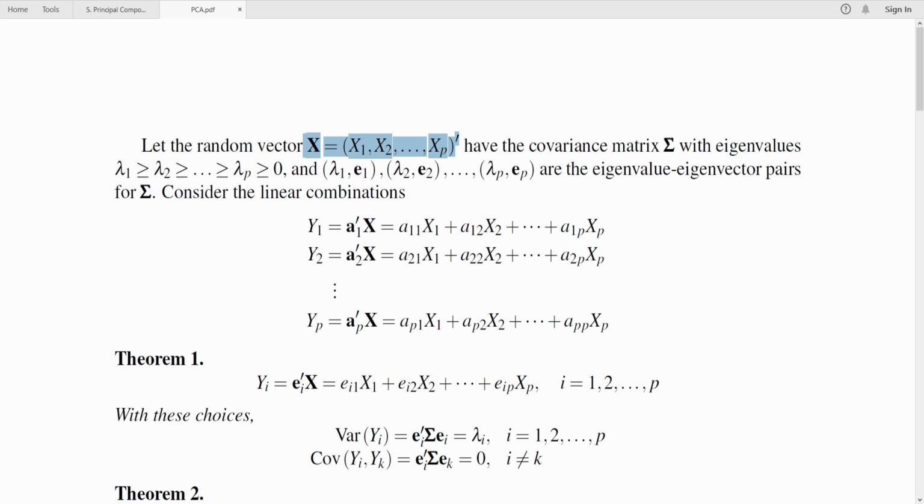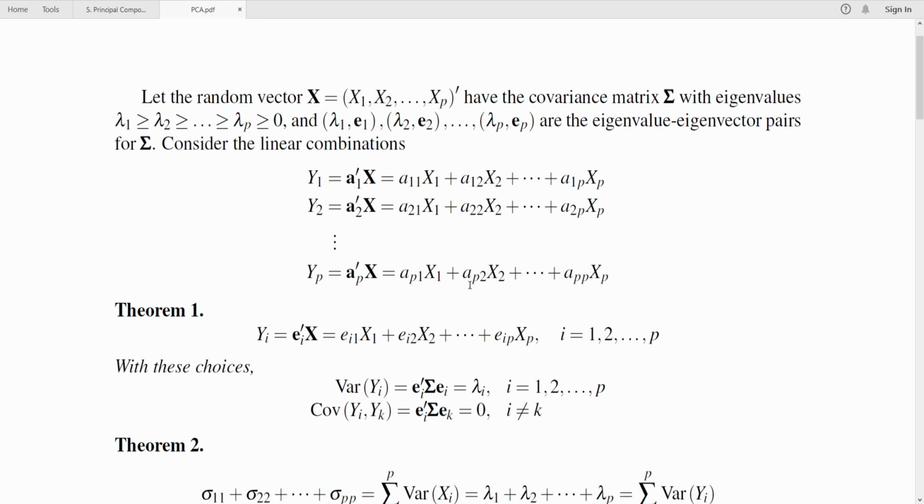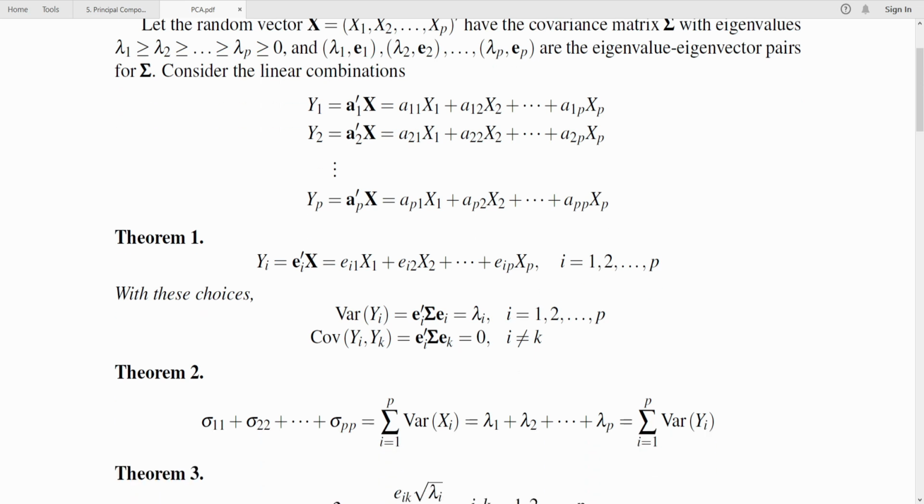For example, if you remember the ellipsoids, how they look, and the vectors that we wrote, we had 3 cases in one of our examples. You can look at that example again and see how we actually transform the coordinate system from our p variables to our principal component variables.